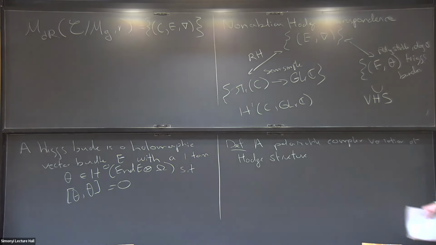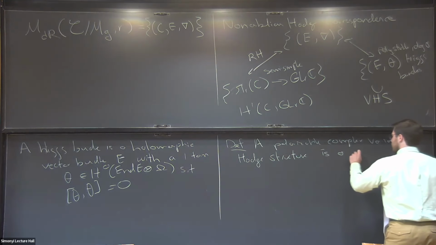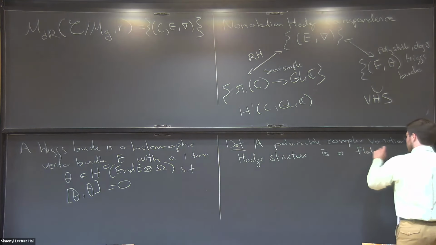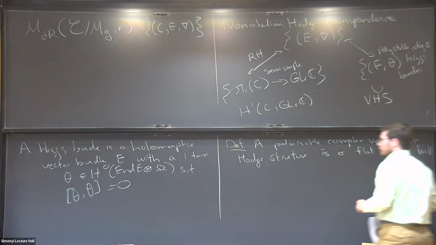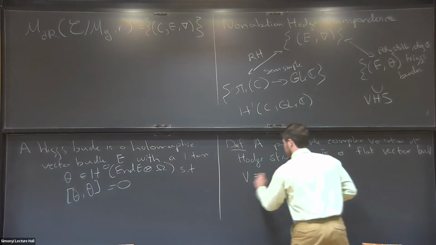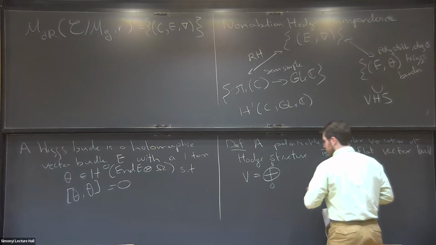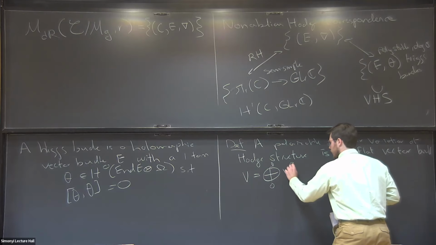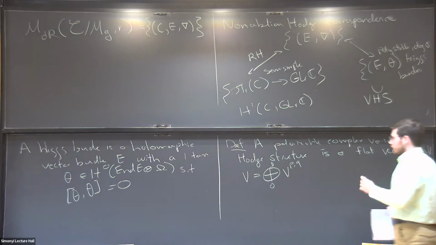Well, it's one of these objects, and you can view it as a flat vector bundle with a decomposition into smooth subbundles, which I'll call E^{p,q}, satisfying Griffiths transversality.